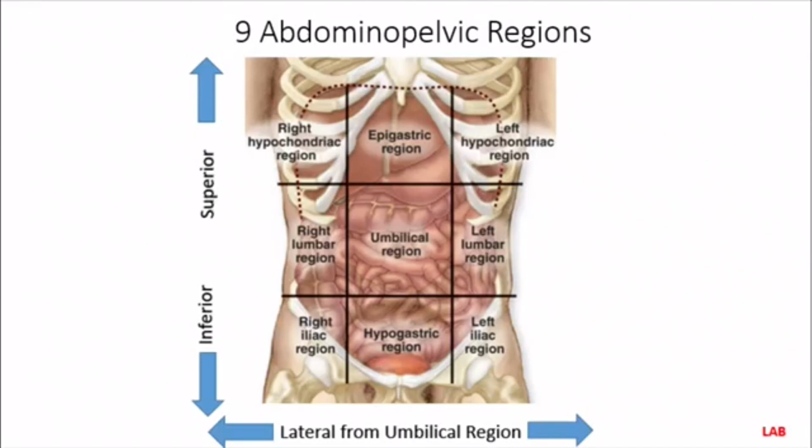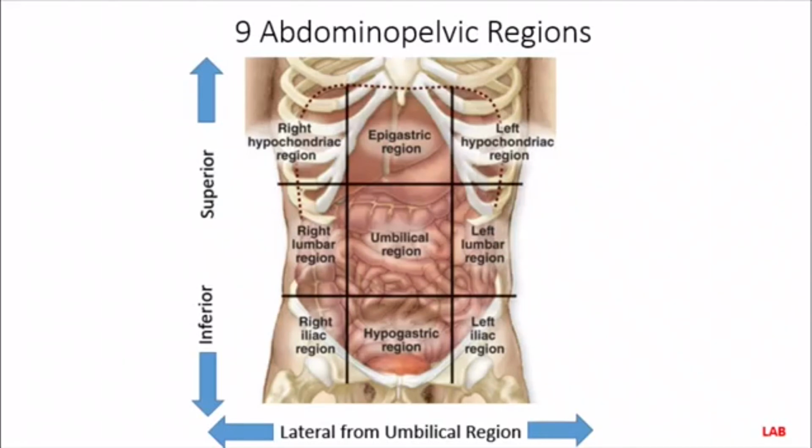We're in the stomach, so we're using gastric as a root word. Epi is a prefix that means above, so the epigastric region is in that central region, the most superior of the 9 abdominopelvic regions, central superior. Hypo is meaning below, hypogastric is below.